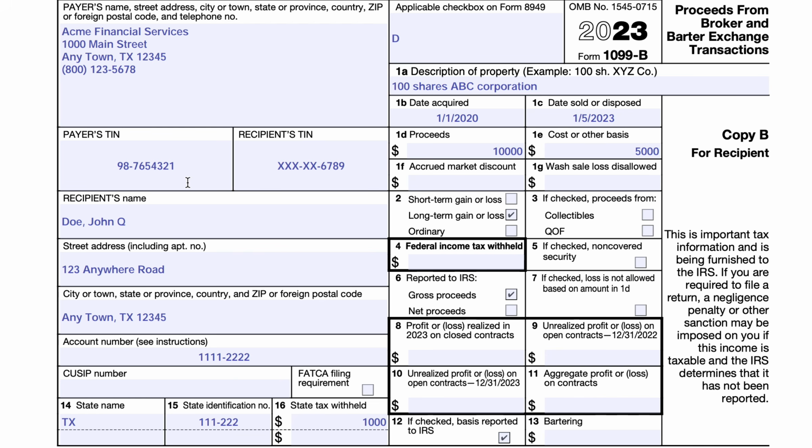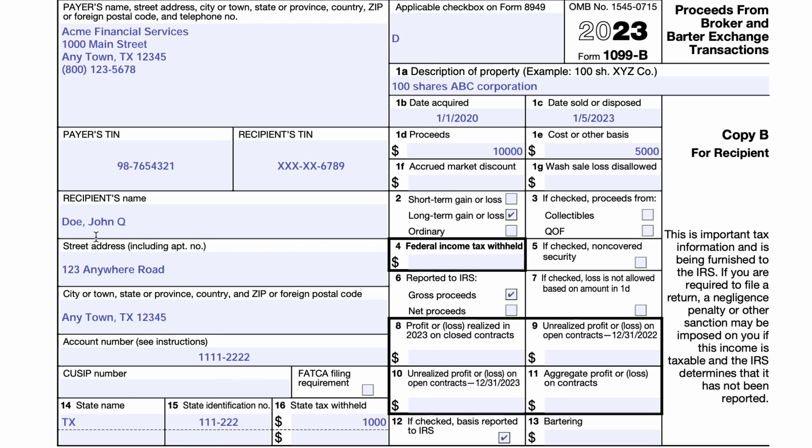We also have John Doe's taxpayer ID number. In this case, it's truncated. However, there are 4 copies of this tax form. Copy A goes to the Internal Revenue Service. That copy of the form is not truncated. And then there are also copy 1 and copy 2 for state tax purposes.